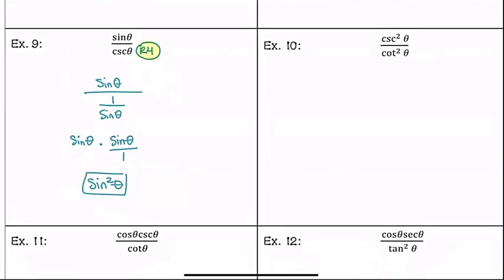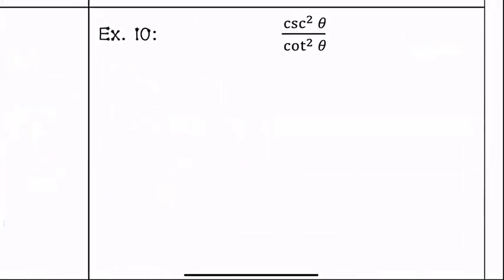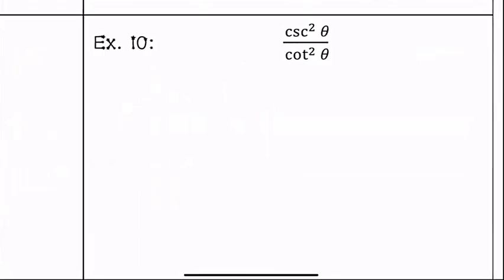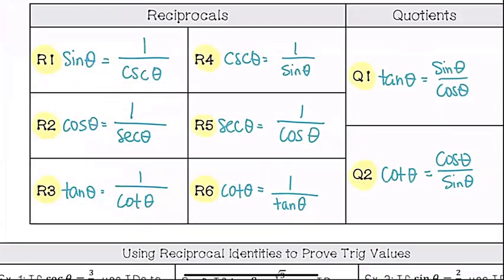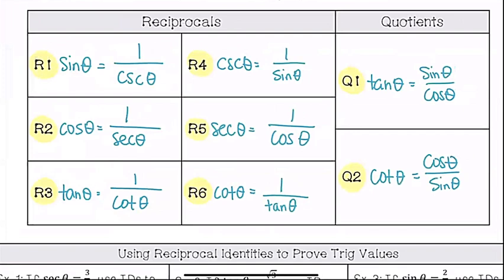Okay, looking at the next one. Same exact process here. If you have it squared, it's just going to respond the same way as it would normally. You would just put the squared onto everything. So looking at here, I have a top of cosecant squared and the bottom is cotangent squared. So if I'm looking over here, I'm going to figure out how to convert these to sine and cosine.